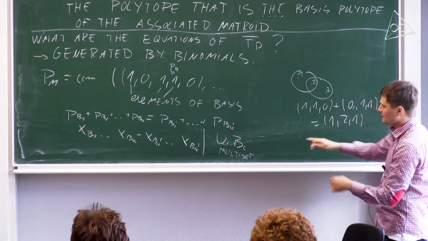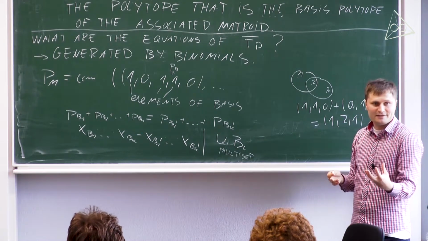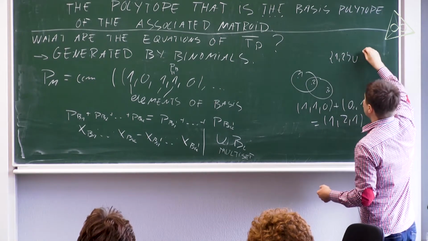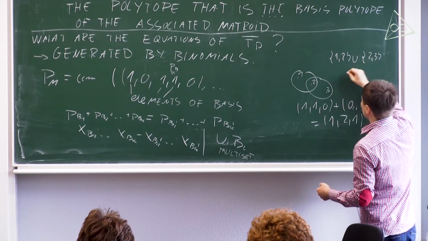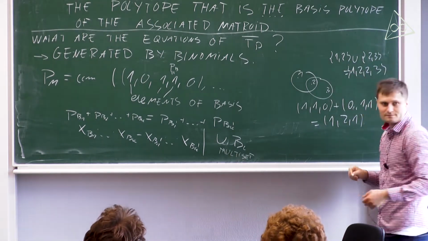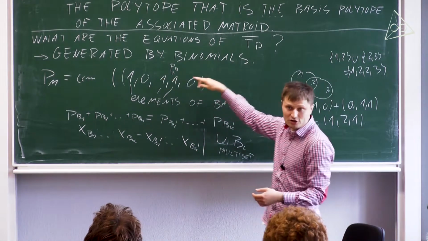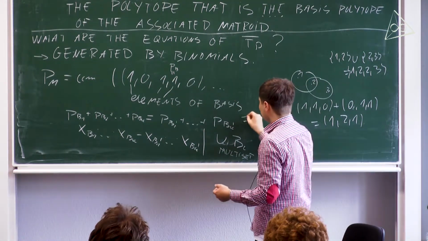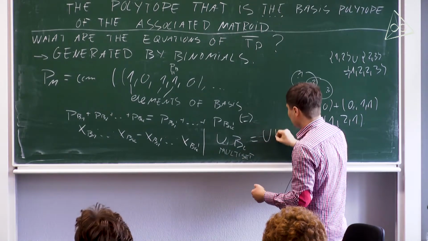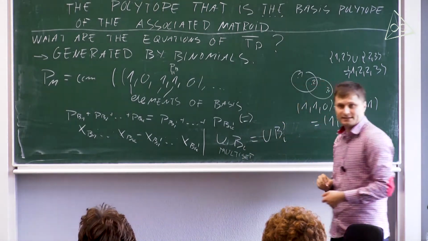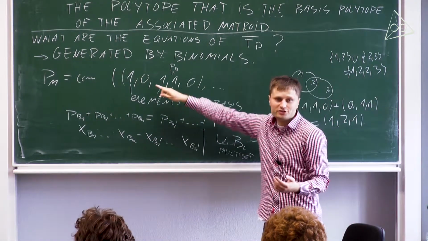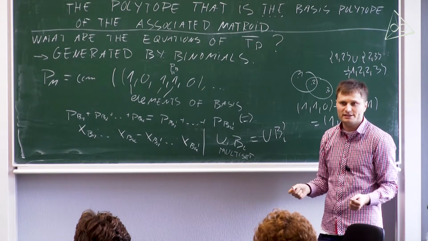I just mean that this can contain an element a few times. So a union of {1, 2} as a multiset with {2, 3} is not {1, 2, 3}. It's {1, 2, 2, 3}. And now it's clear that adding these points is the same. So this as a multiset is equal to this as a multiset. I'm just translating the fact that adding coordinates is the same thing as taking a multiset.